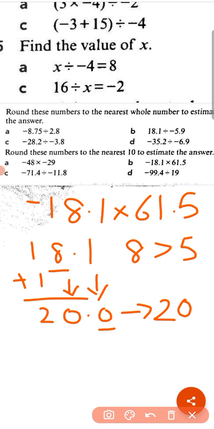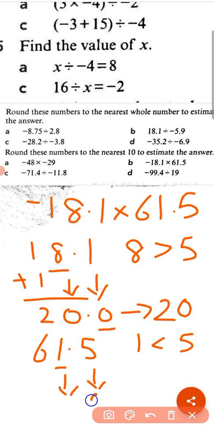Okay. Next number is 61.5. Same method, children. Check the digit in the ones place, which is 1. 1 is less than 5. So replace the tenth and ones places by zeros and write the tens place, that is 6.